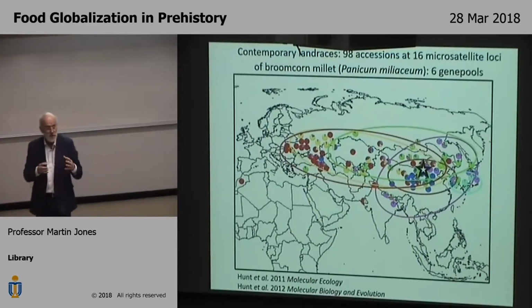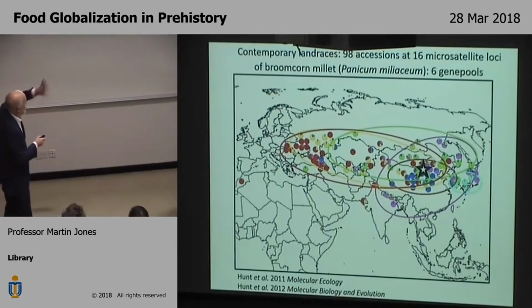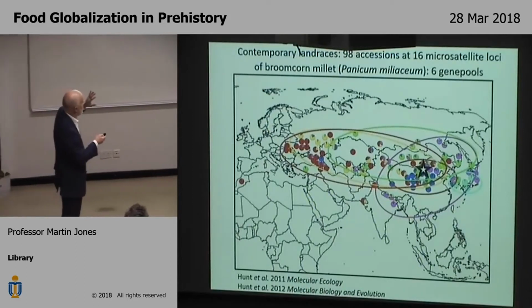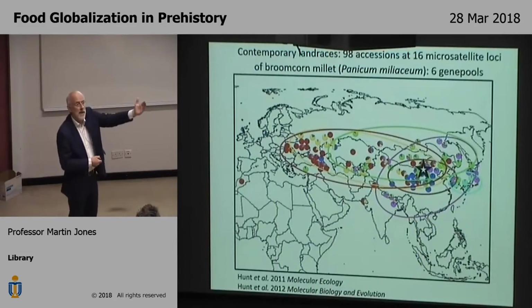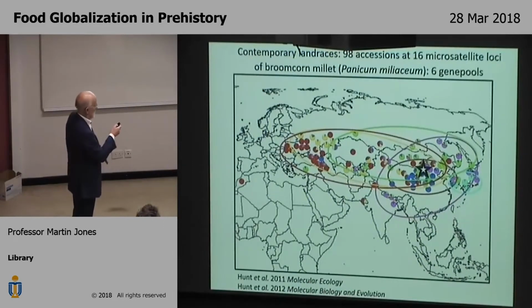Putting those two together, one can explain that diversity by saying that millet farming originated in this part of North China, and each of these coloured lobes is a different movement away from that area across the world.